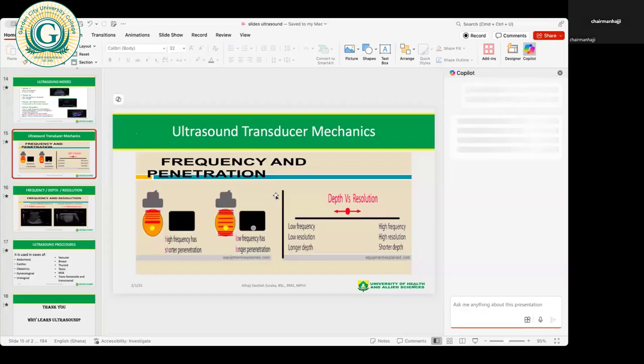Another principle that you should understand is the relationship between depth and the resolution. For ultrasound, when there is greater penetration, there is poor resolution. When we say poor resolution, it is your ability to tell two structures distinct, two different separate structures.